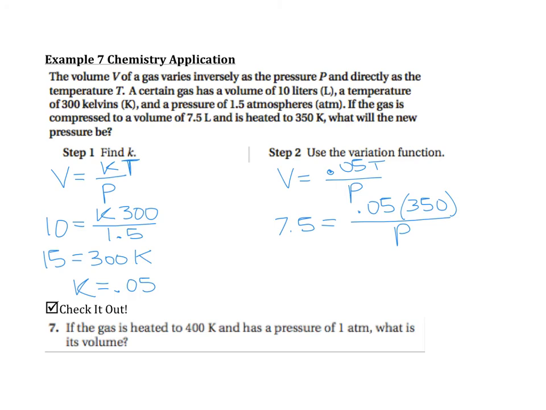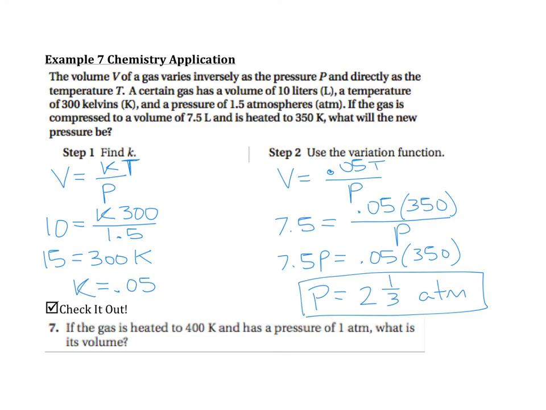So you would take 350 times 0.05 and then divide by 7.5, and you get 2 1/3, and this is going to be in atmospheres. Units I'm not going to be as particular about.